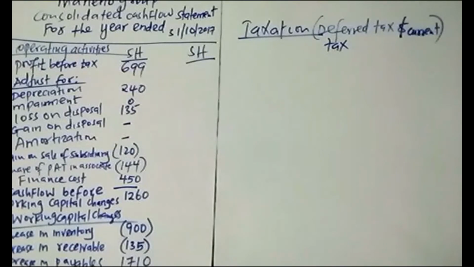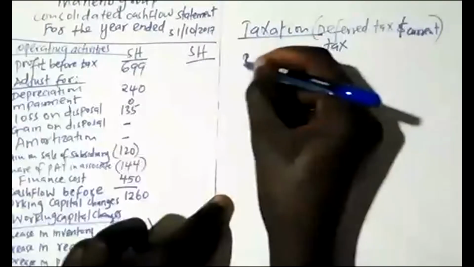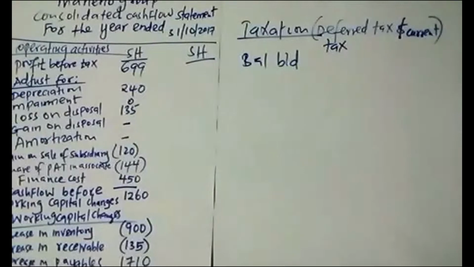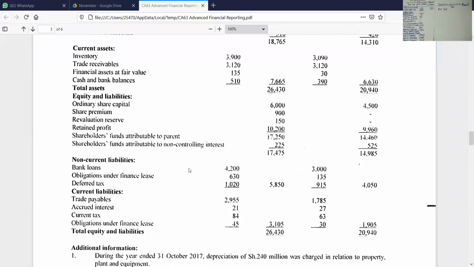So we start from the balance brought down. You go to your non-current liabilities and current liabilities. Under the non-current, I can see my deferred tax is there. At the start it is 915, that is as of 2016. What about current?